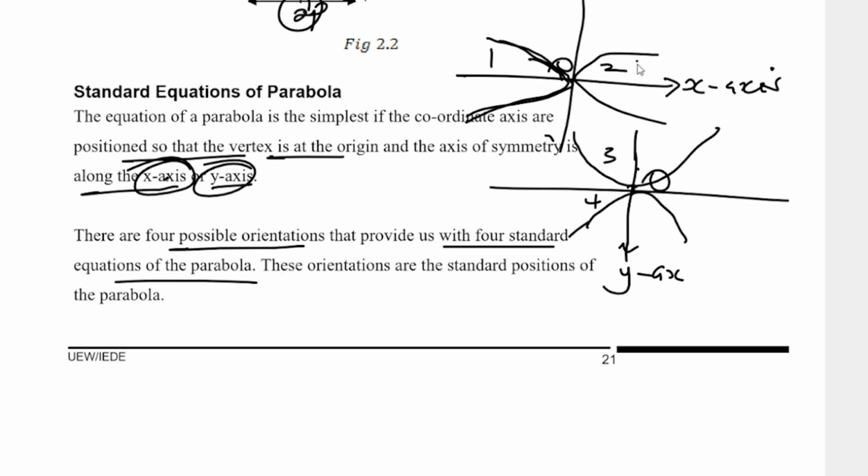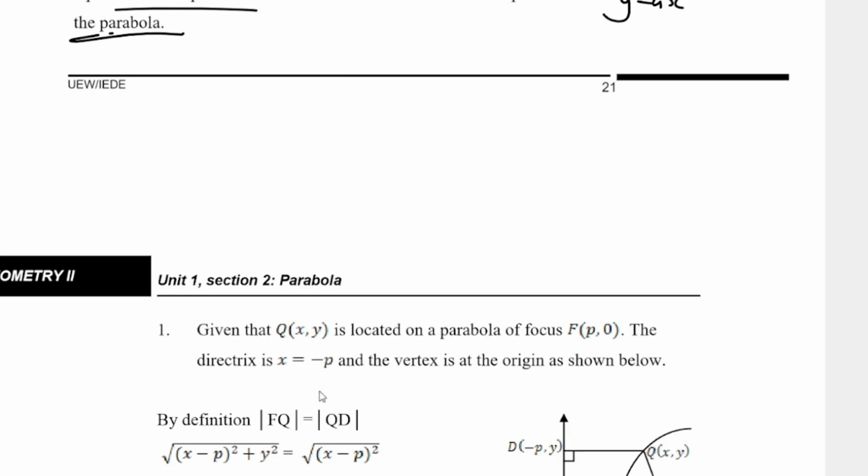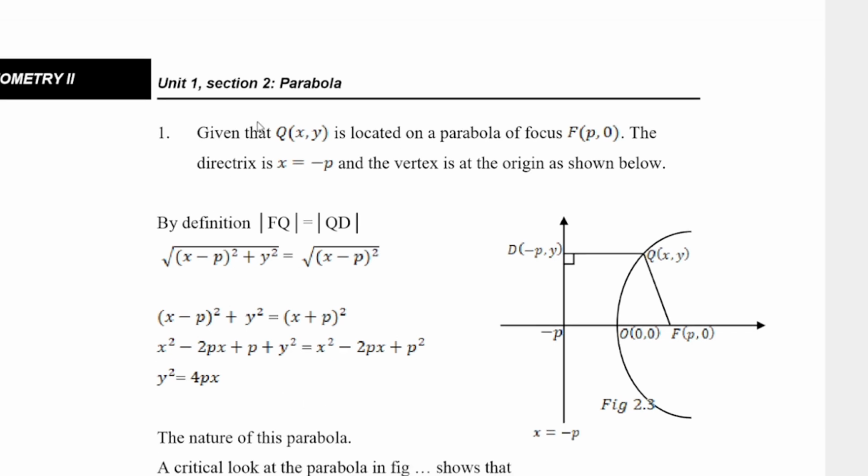If the parabola is facing the positive side of the x-axis as the axis of symmetry, then you can have one equation there, and also one equation, one equation, one equation. In all, we can have 4 possible standard equations of the parabola, because these orientations are the standard positions of the parabola. All right, now let's take the first part.